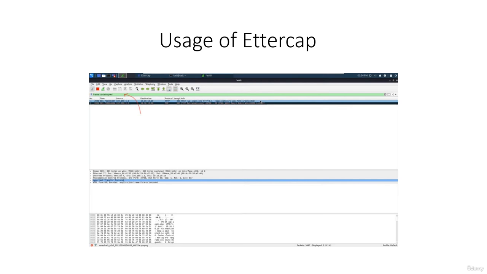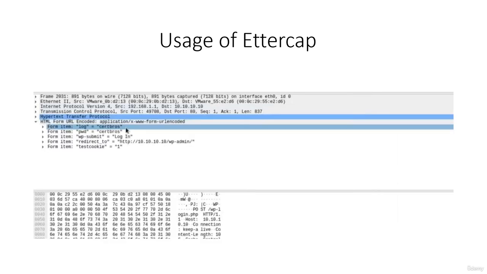Then after that, we got the filtered frame that contains the password field, as you can see. Very easy. The password and the username are visible due to the usage of the unencrypted HTTP protocol. So all are in the Wireshark. There are the filtered frames that contain the password field.